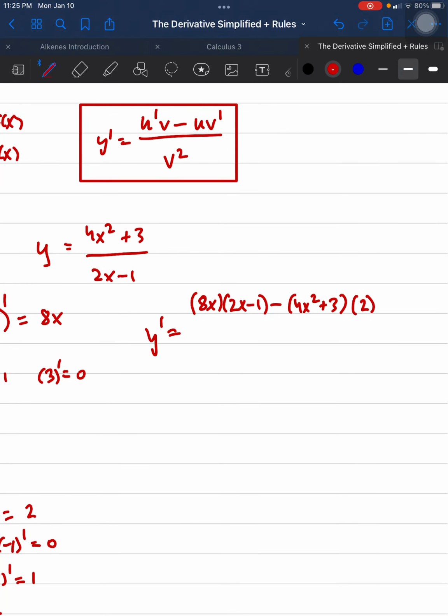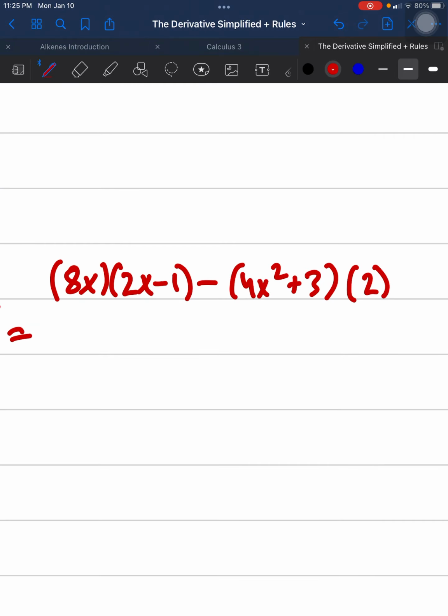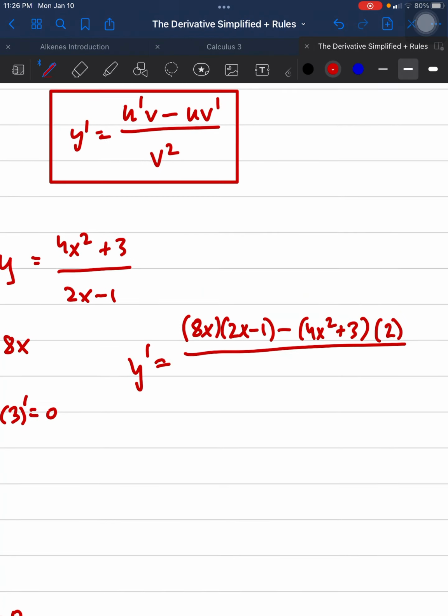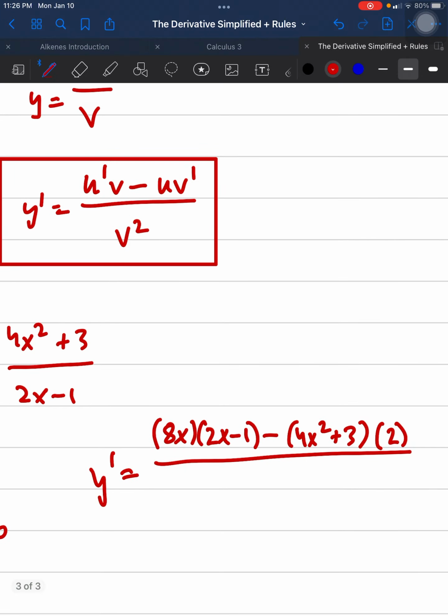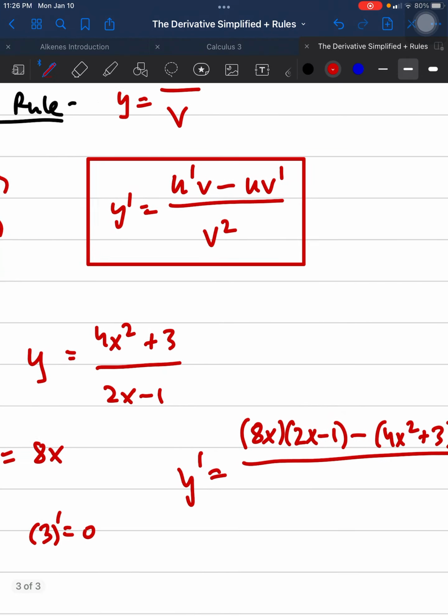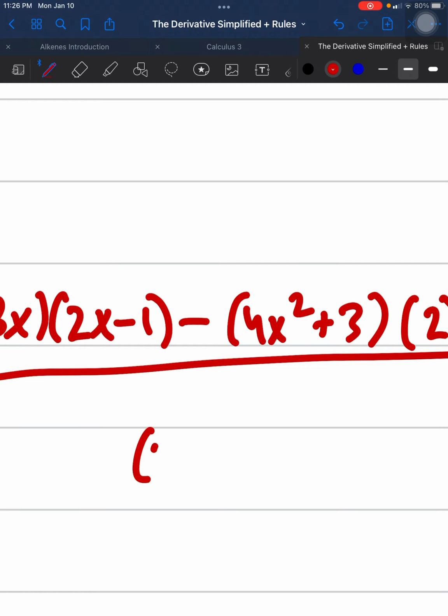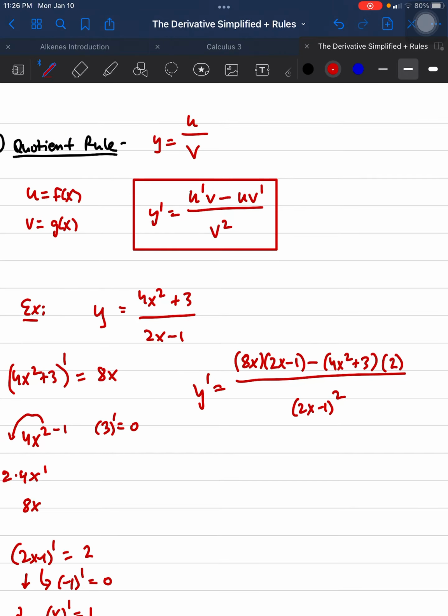So we figured out the numerator. Now the denominator says that we need to divide this entire numerator by v squared, meaning g of x squared, and that's simply 2x minus 1 squared. That's it.